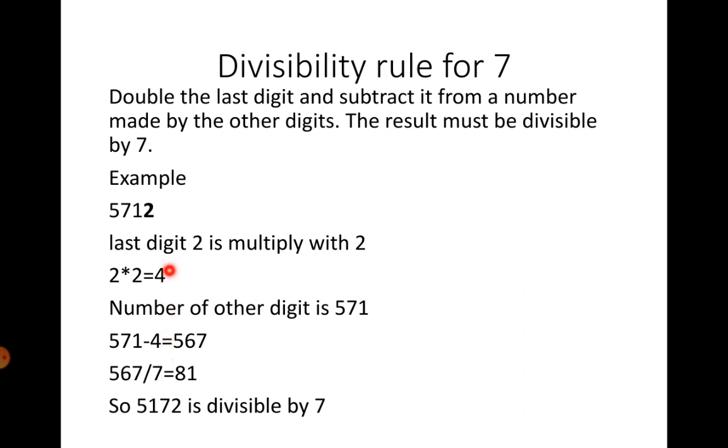So 571 minus 4, double of the last digit 2 is 4, and the remaining digits are 571. 571 minus 4 is equal to 567, and if this 567 is divisible by 7, then that number is completely divisible by 7.